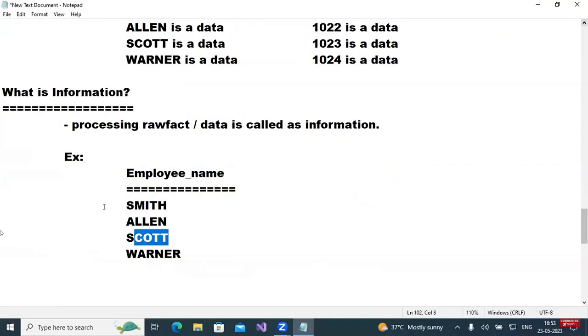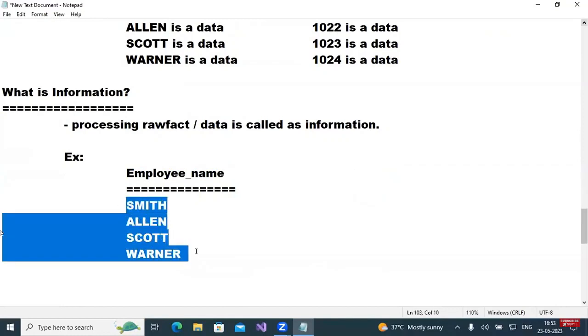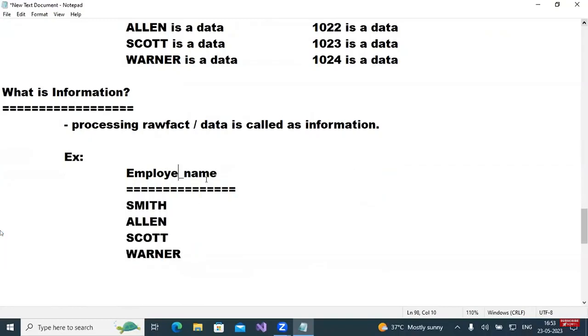So now these names have some meaning. If I change it here and ask who these are, you say customers. So this meaningful data is called information.